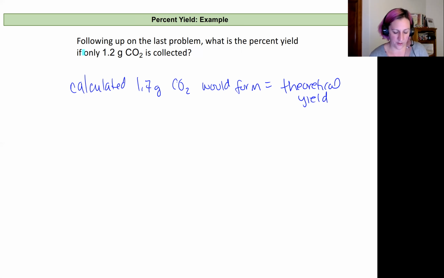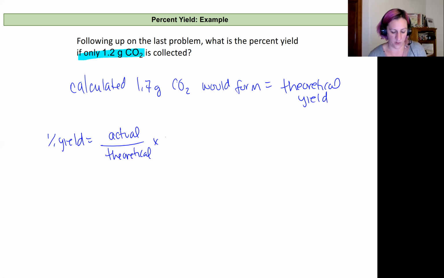Now we're told that we collect only 1.2 grams. So my percent yield is equal to my actual over my theoretical times 100. So that's going to be that 1.2 grams that we isolate in the lab divided by what I thought I was going to make, which was the 1.7 grams multiplied by 100.